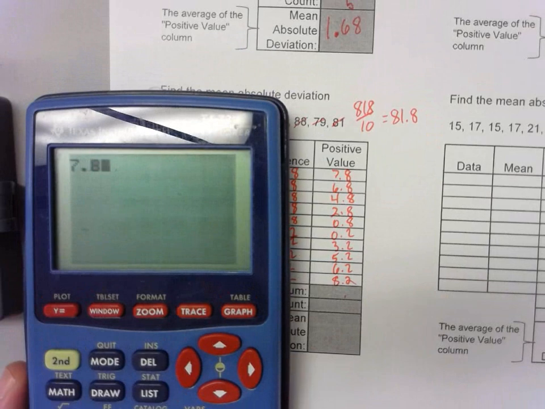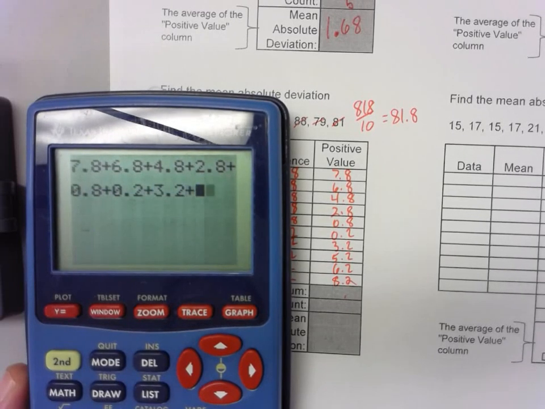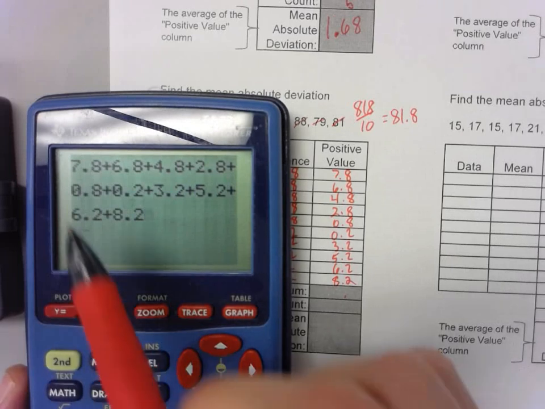7.8 plus 6.8 plus 4.8 plus 2.8 plus 0.8 plus 0.2 plus 3.2 plus 5.2 plus 6.2 plus 8.2.